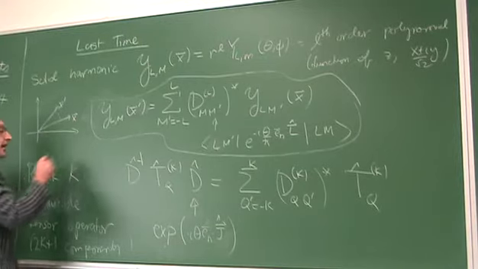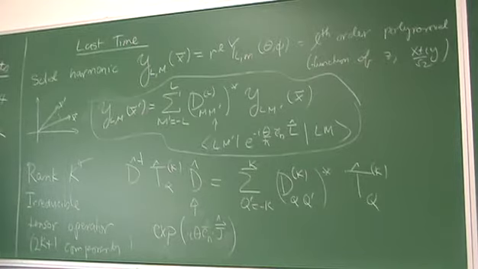In particular, if it's a rank K irreducible tensor operator, then it has 2K plus 1 different components.